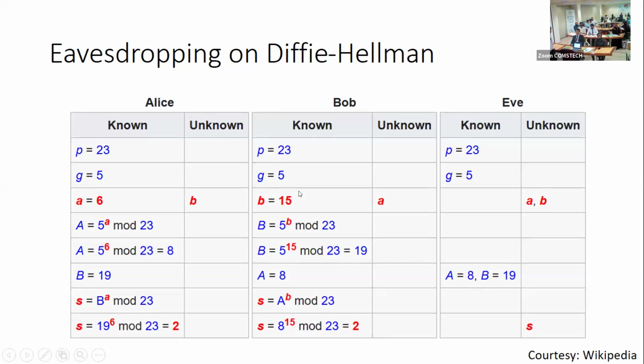When Bob picked b, Alice did not have b, and Eve did not either. So Eve has neither a nor b, but Eve has capital A and capital B. Since Eve does not have small a and small b, Eve cannot do this calculation: S equals A raised to b mod P, or S equals B raised to a mod P. So Eve is unable to do this. That's why Alice and Bob can share a secret, but Eve cannot. Okay.